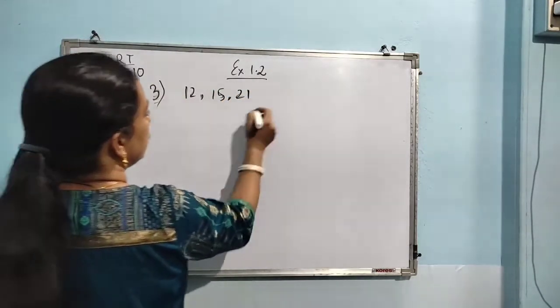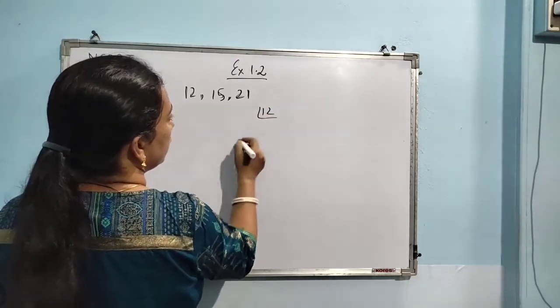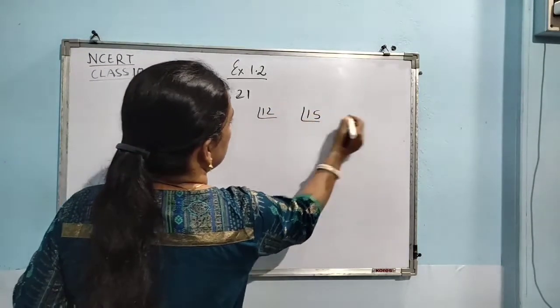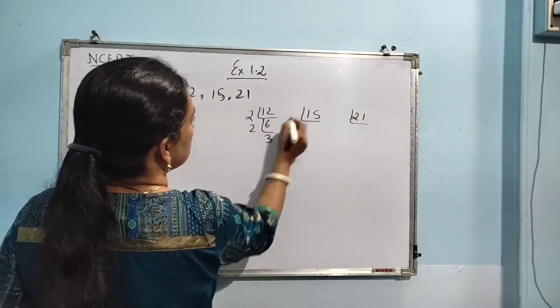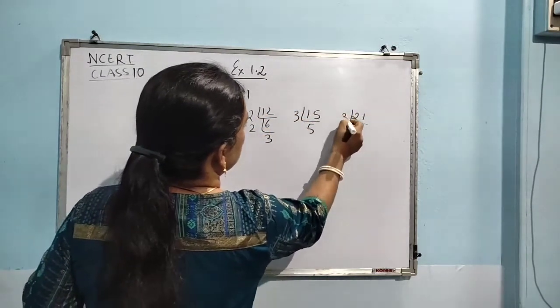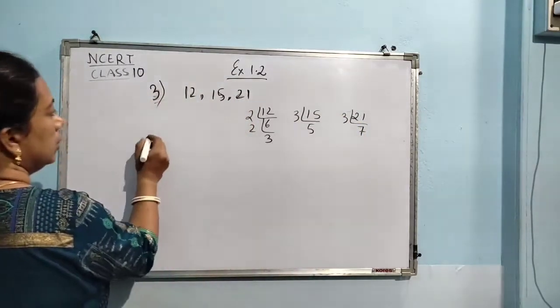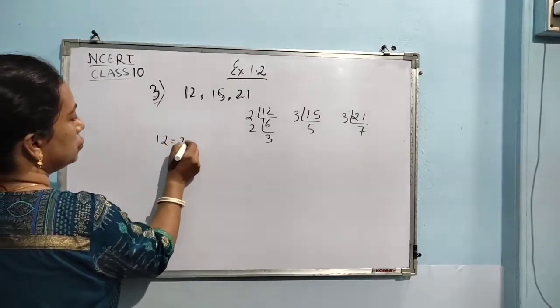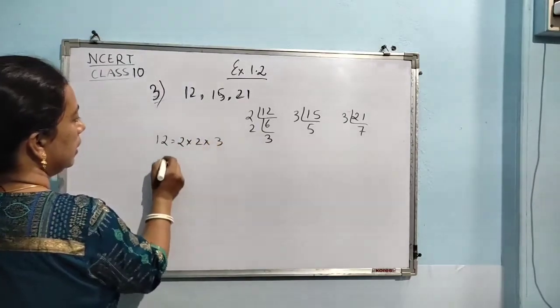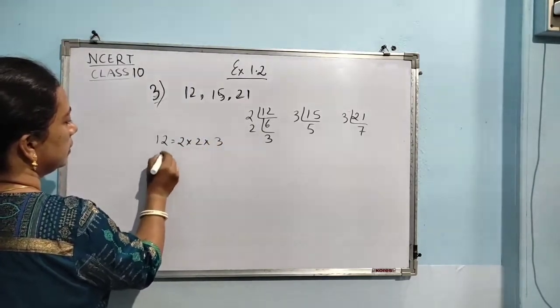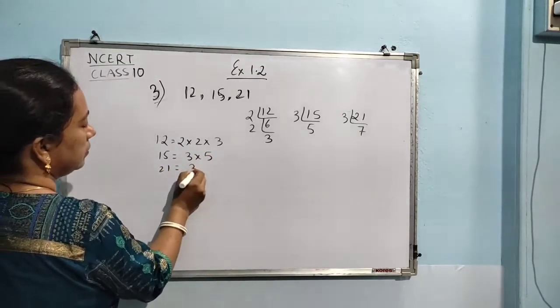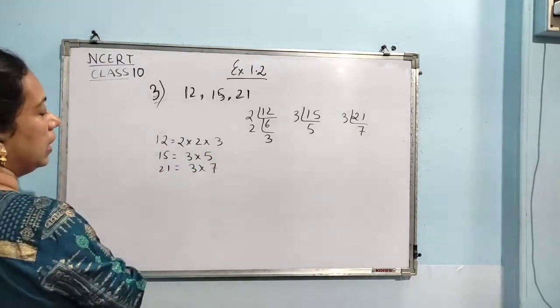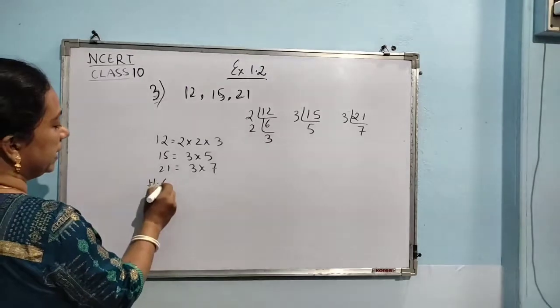Do the prime factorization of 12, then 15, then 21. 2 6s are 12, 2 3s are 6, 3 5s are 15, 3 7s are 21. Done. So we can write 12 as 2 into 2 into 3, 15 as 3 into 5 and 21 as 3 into 7.